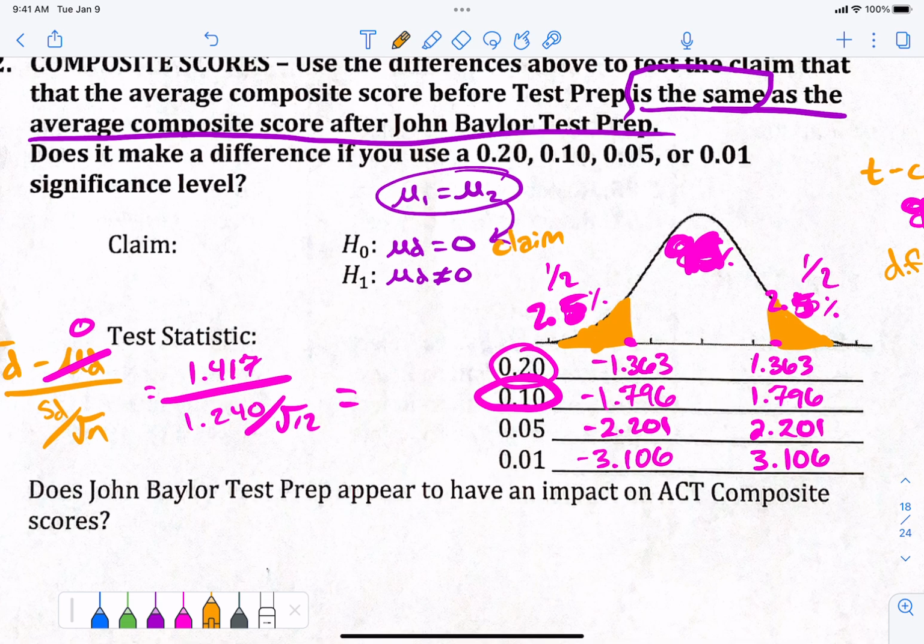What is our number? You might get a big one. 3.96. Okay, that is the value for our test value. So we're saying the average composite score is a 3.96.